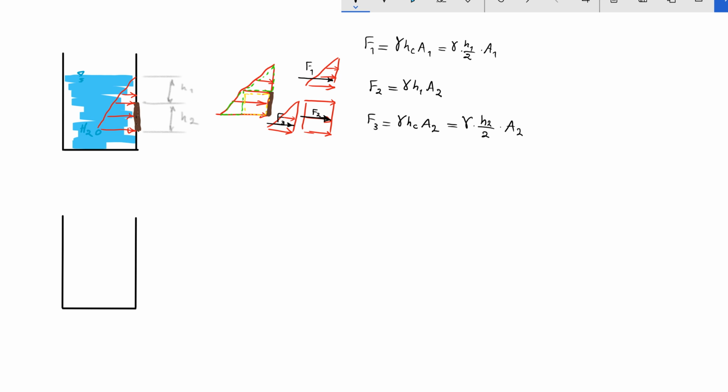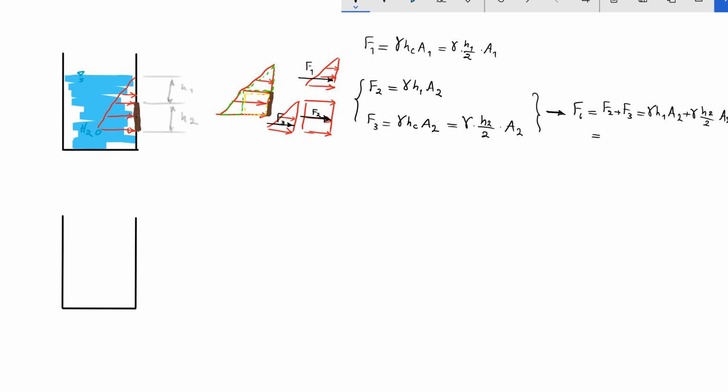Sometimes if you check some of the textbooks, they combine F2 and F3. Let's see if we combine those two, what we can get. For example, the lower part is going to be the summation of those forces, F2 plus F3, which is going to be gamma H1 area 2 plus gamma H2 half area number 2.